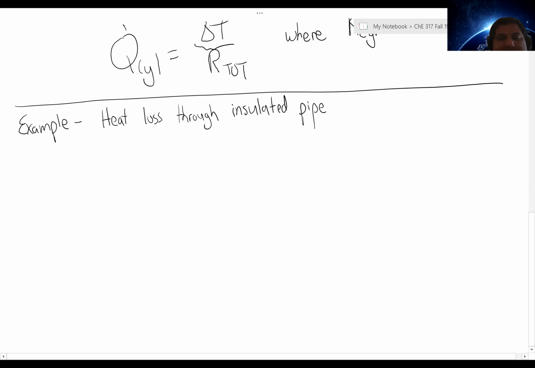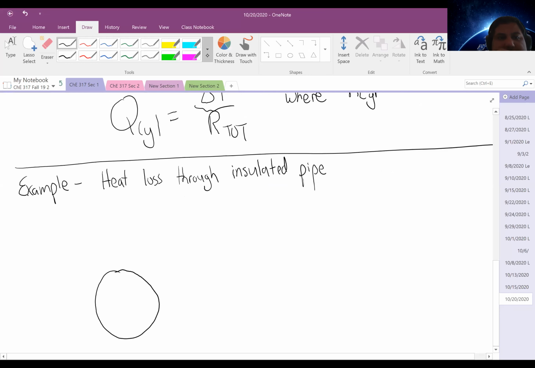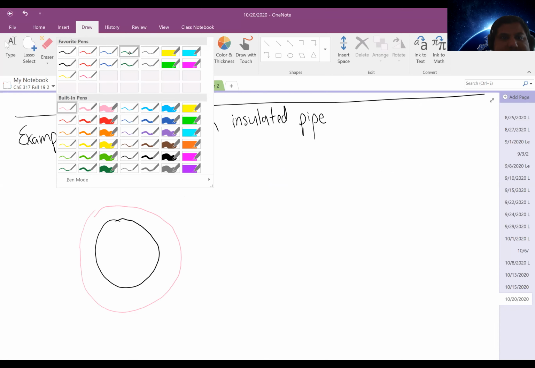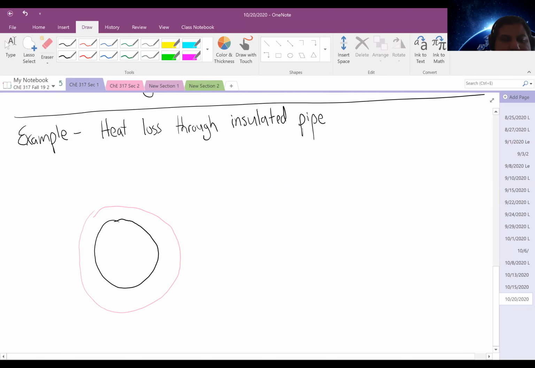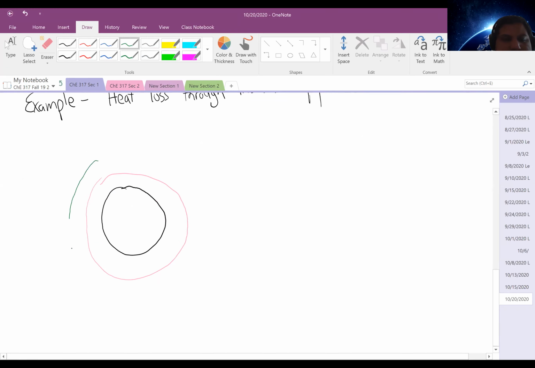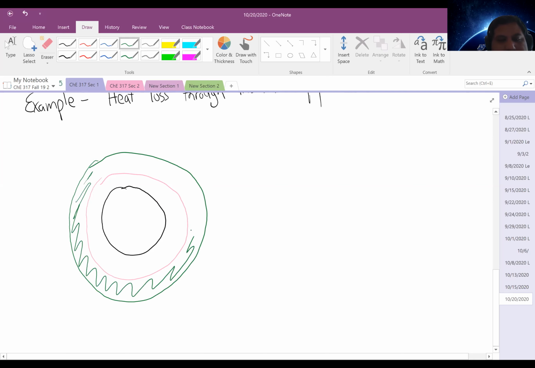So what we have is a steel pipe, and around that pipe we have a layer of foam, and around that we have a layer of cork.